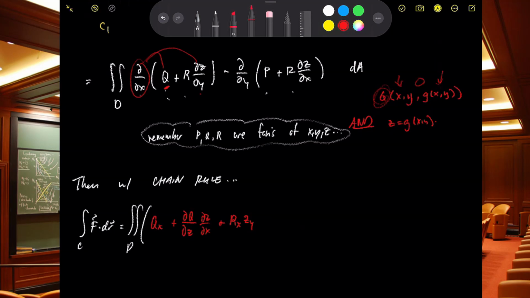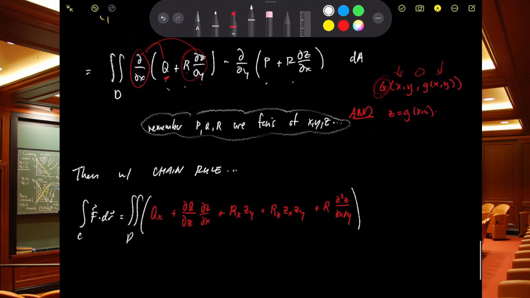Oh, and then the last bit, so partial of this with respect to x is, yes, r sub x, but r also has a z component which is a function of x, so it's going to be plus r sub z, z sub x, z sub y, plus r times d squared z dx dy, right? So this last piece here. And then that gets closed off. So that's just the first part.